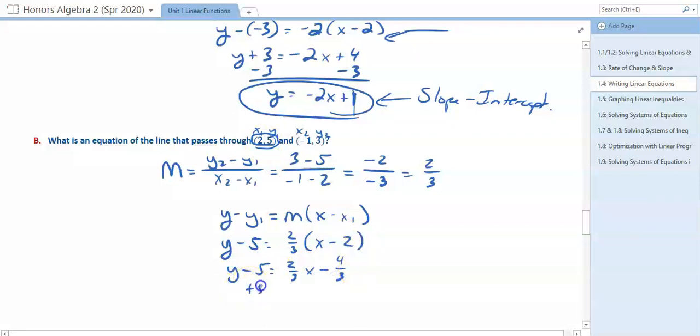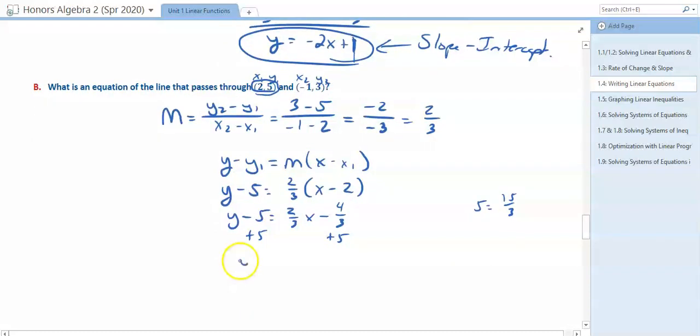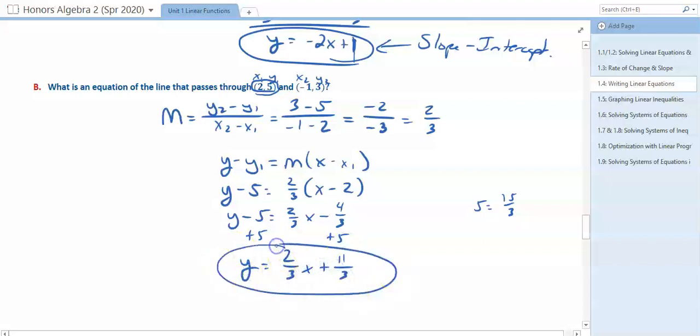We're going to add the 5 to both sides, and 5 is equal to 15/3. And so negative 4 and positive 15 gives me 11/3. So again, I could have stopped at this line for point slope form, or I can go here for slope intercept. Okay. Questions there.